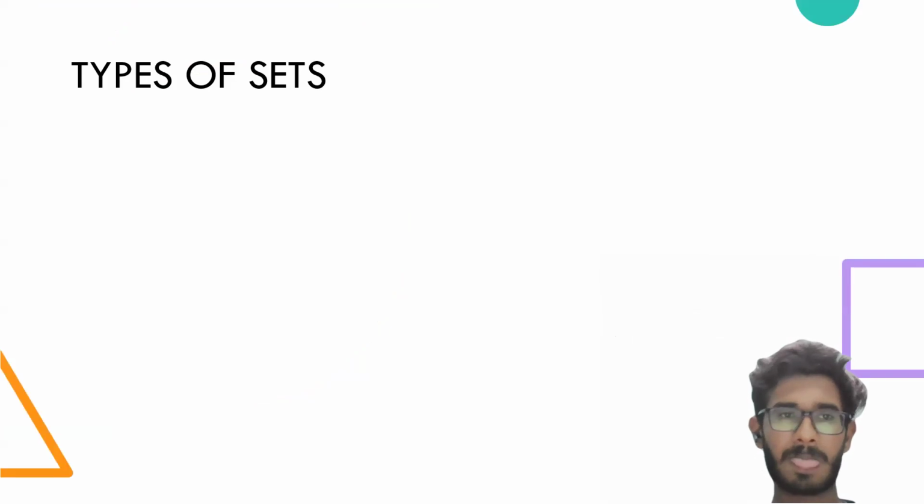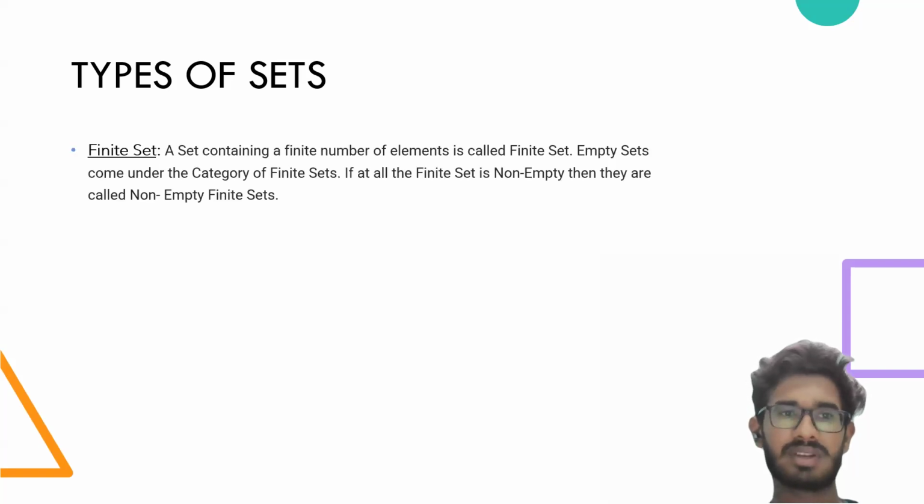Types of sets. We can classify sets based on the number of elements present in them and their equality. Finite set: a set containing a finite number of elements is a finite set. The empty set comes under the category of finite sets.